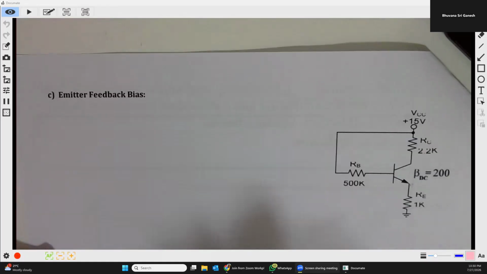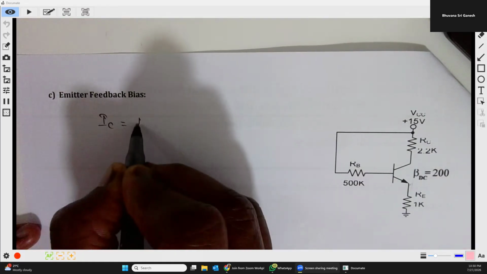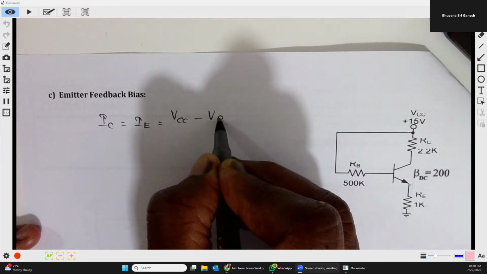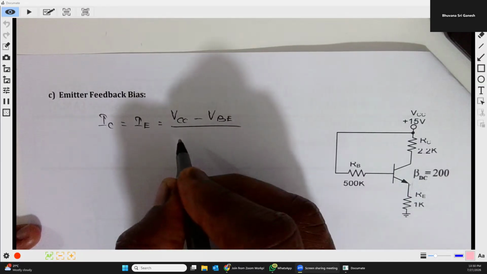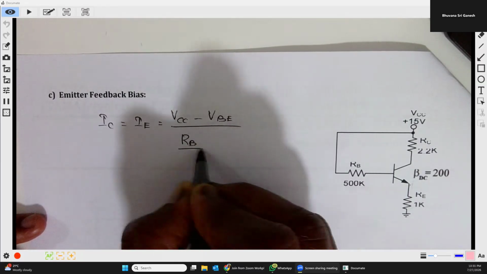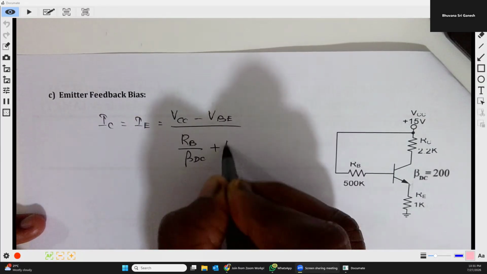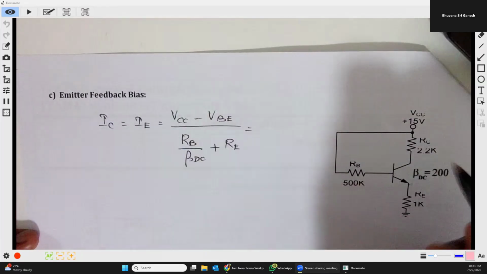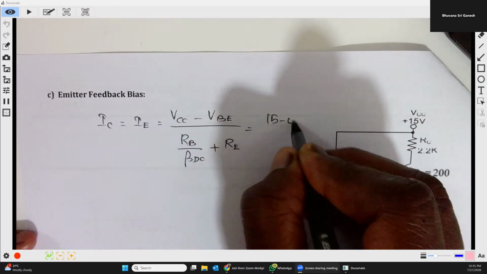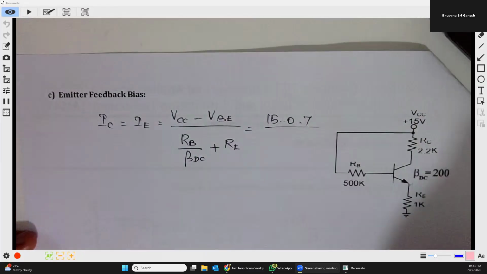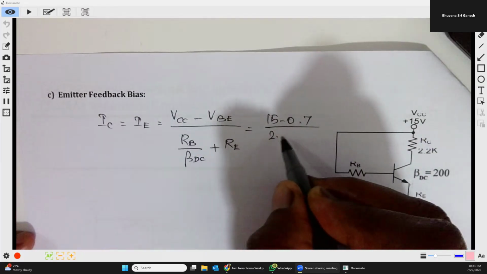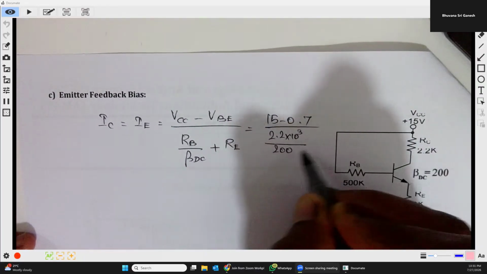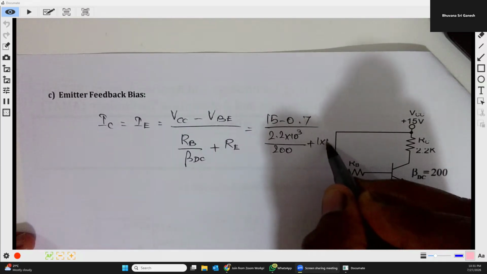So that is your IC. We can calculate IC, which is also equal to IE, as VCC minus VBE over RB over beta DC plus RE. This is equal to VCC, which is 15, minus 0.7, divided by RB, which is 2.2 kilo, 2.2 times 10 power 3, over beta DC, which is 200, plus RE, which is 1 kilo ohm.